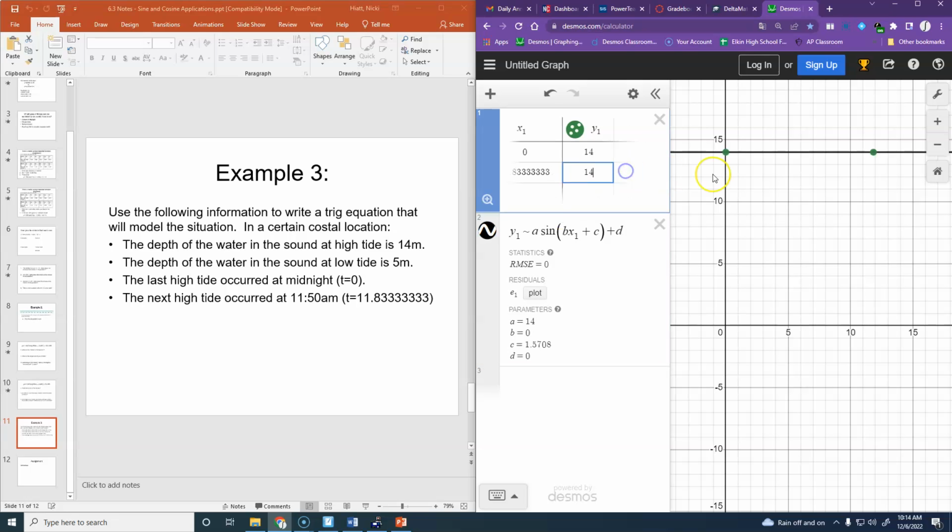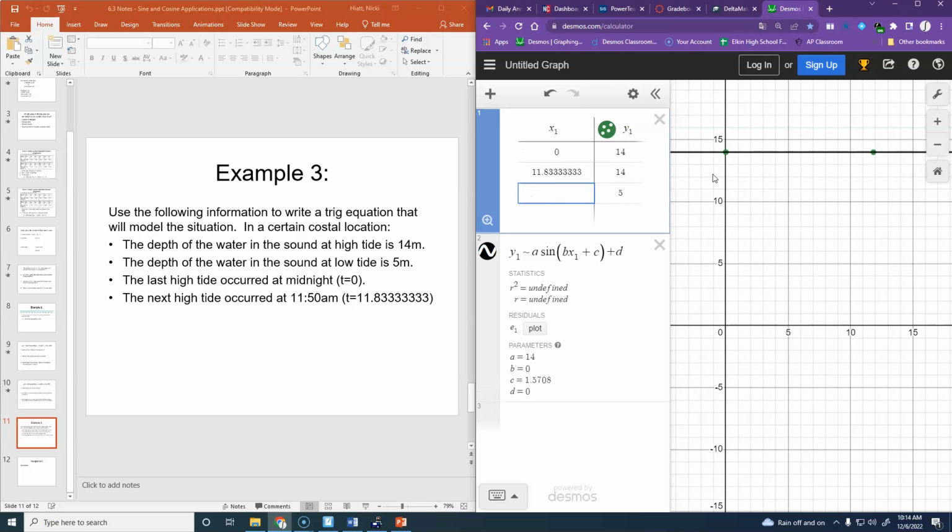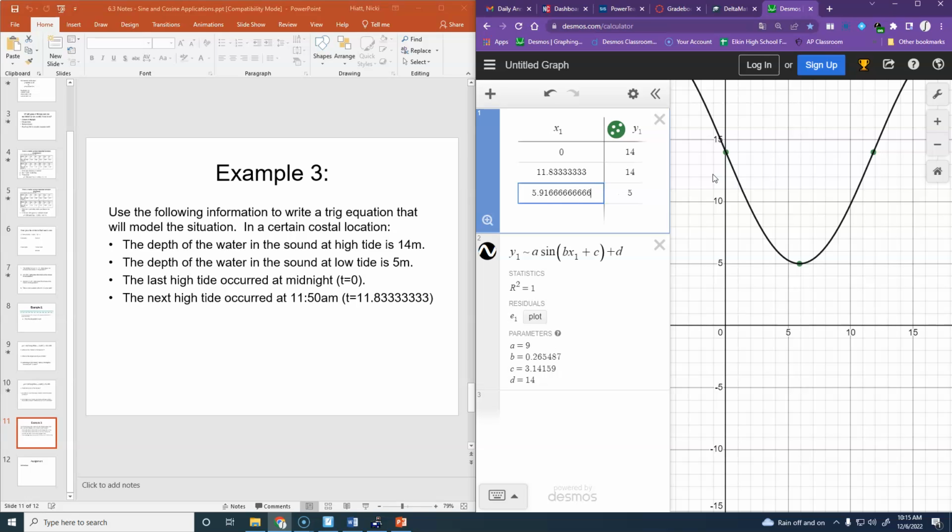And I think if you go with low tide being in between, which would be at 5, if you go with that being exactly halfway between, so 11.83 repeating divided by 2, that's 5.916 repeating. So like that makes sense.